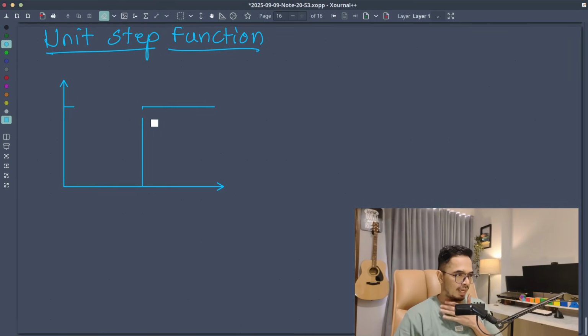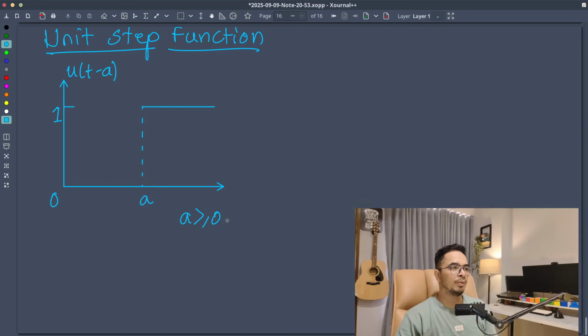As I said, we have no input or no value before a certain variable value, say a. So from 0 to a, the value is going to be 0, and from a onwards, the function is going to attain some value.